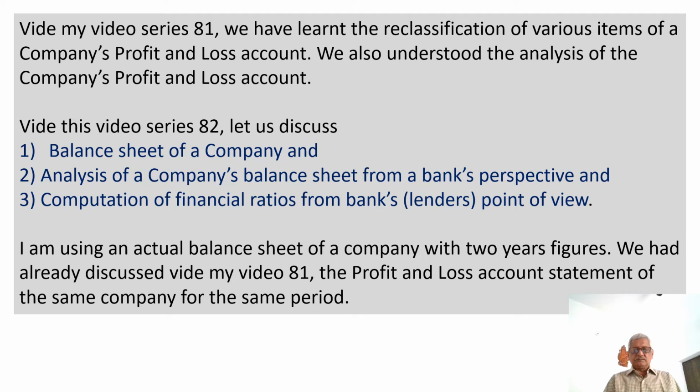Now, in this video series 82, we are going to discuss the balance sheet of a company and analysis of the company's balance sheet from the bank's perspective, and the computation of financial ratios from the bank's or the lender's point of view. I am using an actual balance sheet of a company with 2 years figures. We had already discussed in my video series 81 the profit and loss account statement of the same company for the same period.